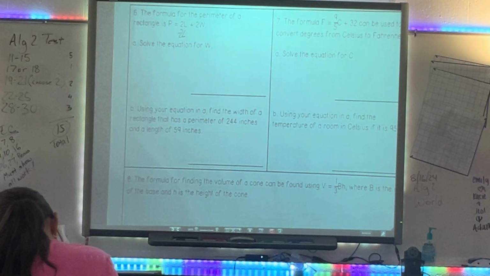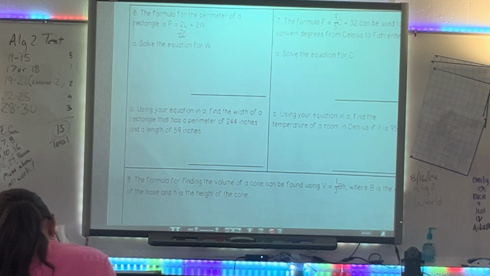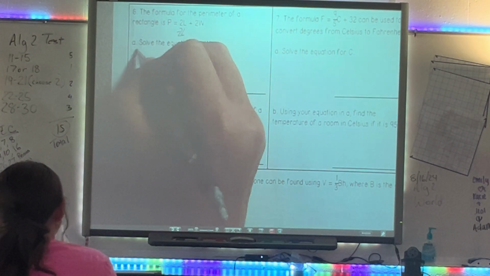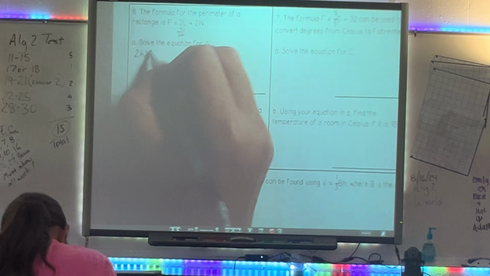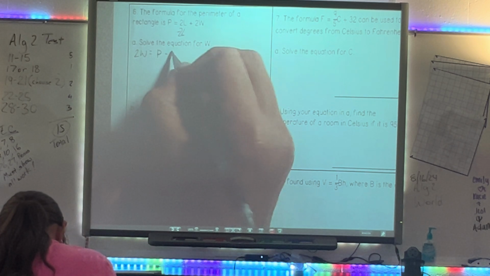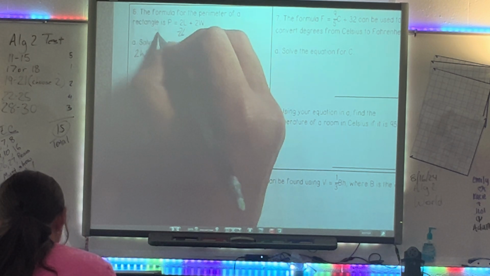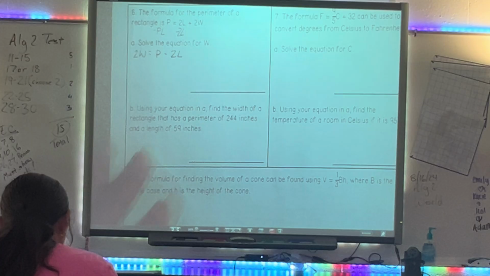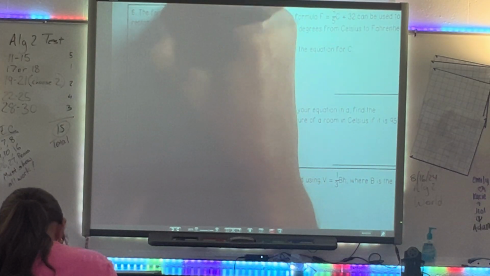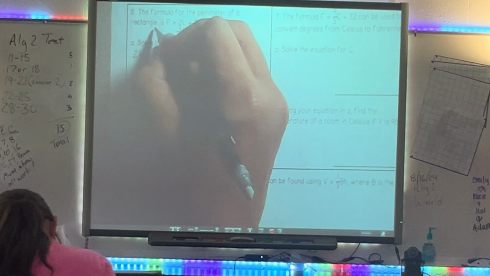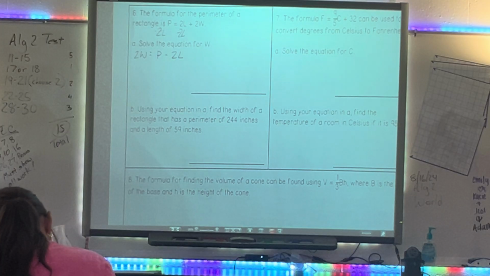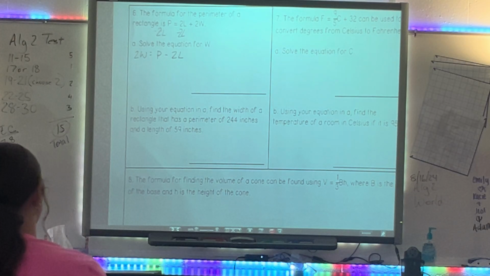I'm going to rewrite this. Are y'all okay if I rewrite it? Because I want W, I'm going to write my positive 2W on the left, and then I'm going to write my P minus 2L on the right side. I like my variable on the left. It makes me happier that way. So it really ultimately doesn't matter.